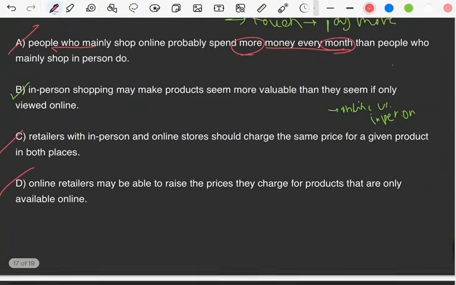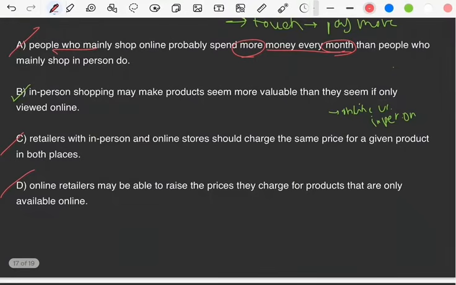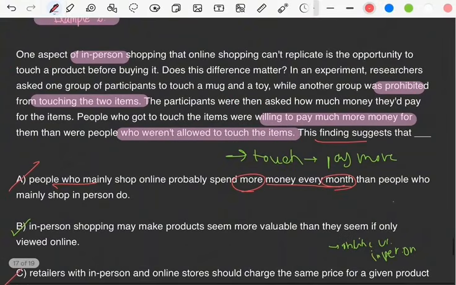And so the correct answer is option B, because this finding suggests a result connection. So we need to find a logical consequence of this experiment, which means that in-person shopping, higher value, online shopping, lower value.